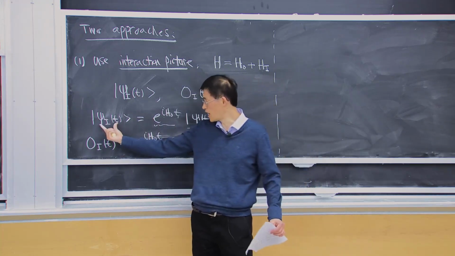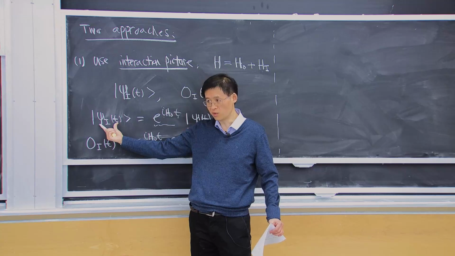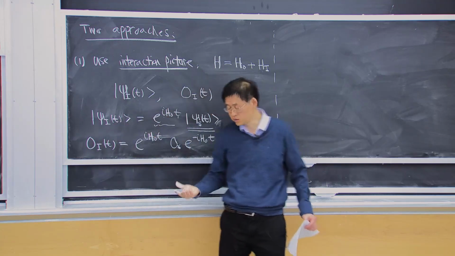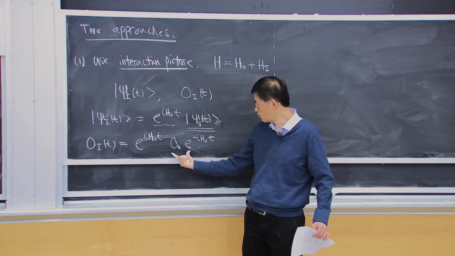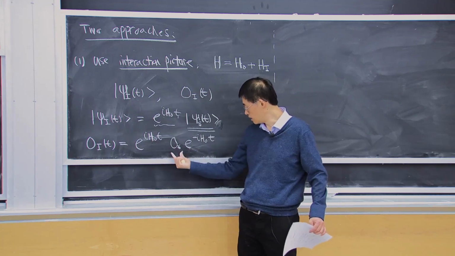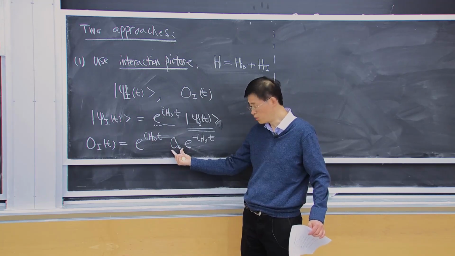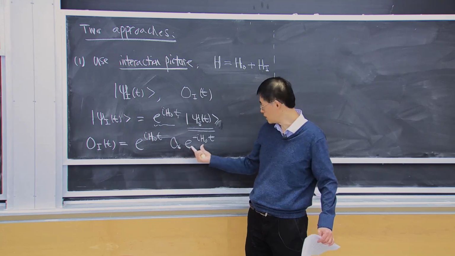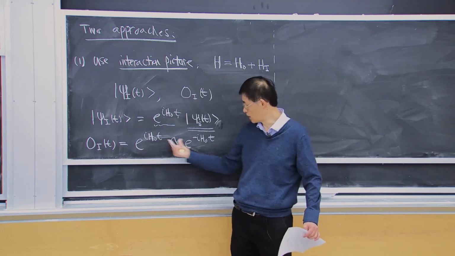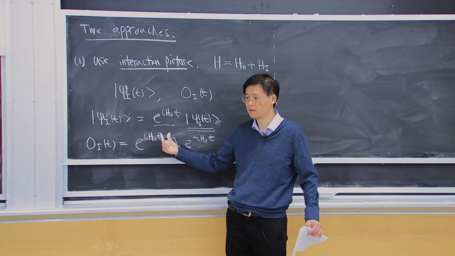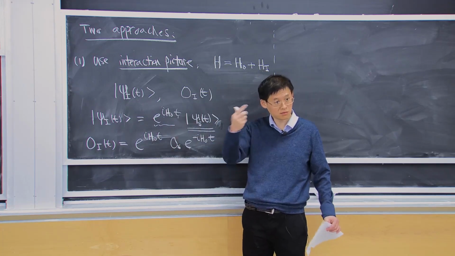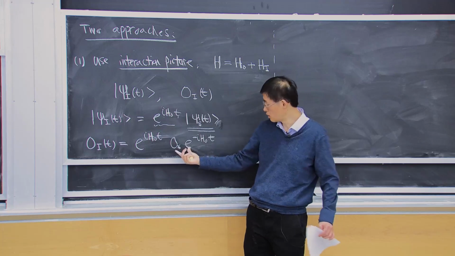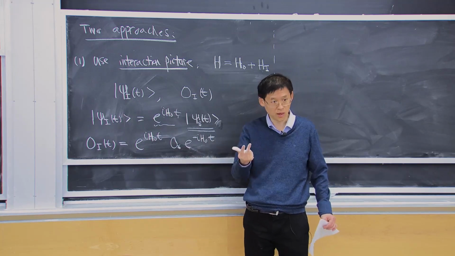So in the interaction picture, the states still evolve in a complicated way, but the operators evolve very simply, because in the Schrodinger picture the operators don't evolve, and here the evolution is just controlled by the free Hamiltonian.